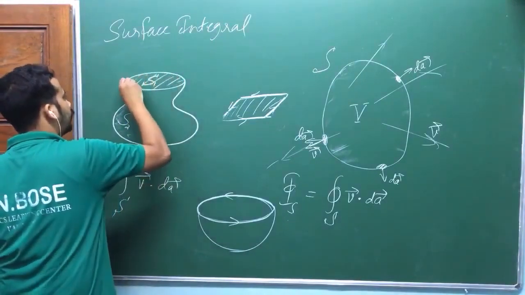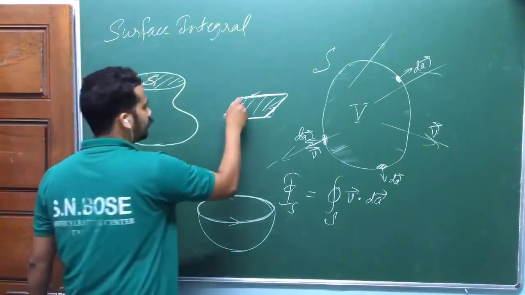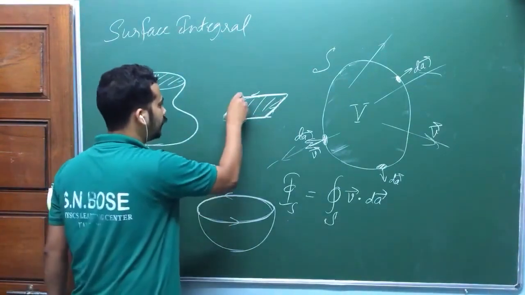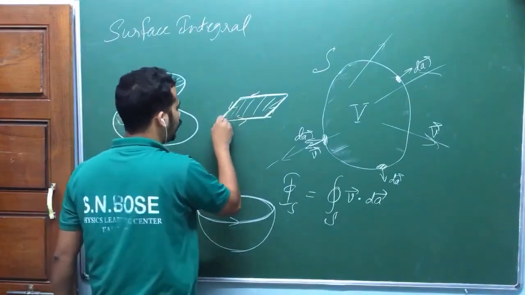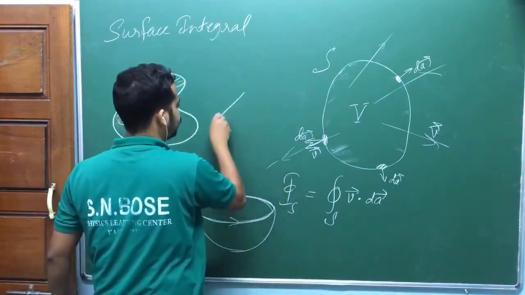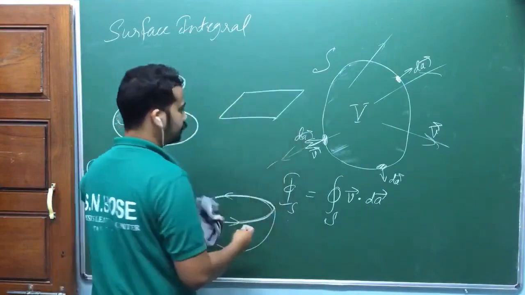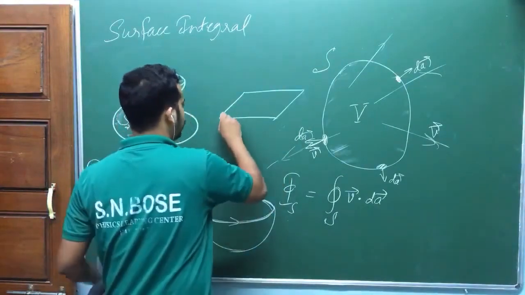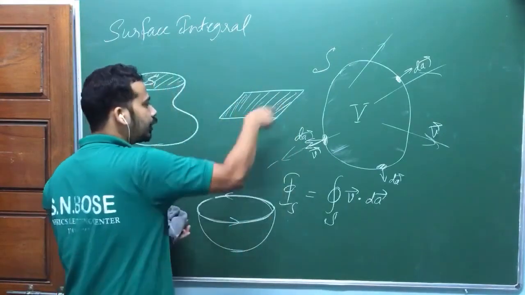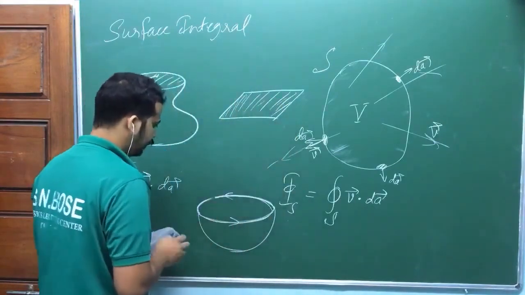Because the pot is also an open surface, it is not fully closed. If you have a square-shaped plane, this is the boundary line.